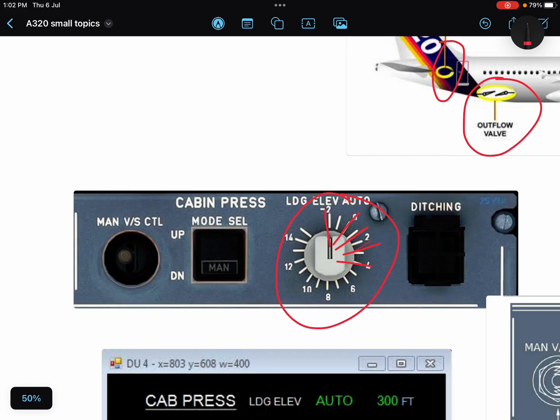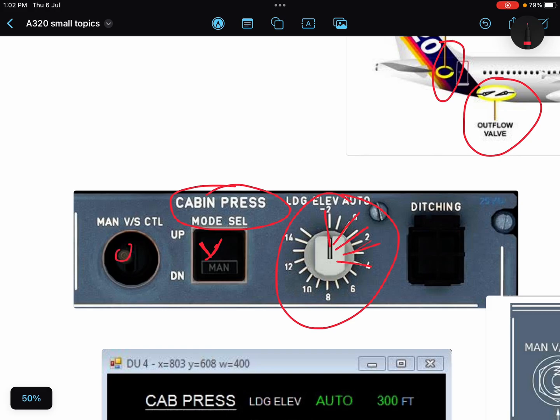Now if you want to change it to the manual mode, the crew controls the cabin altitude by the use of the switch control on the cabin pressure panel. You press this push button and this whole system goes into manual mode.